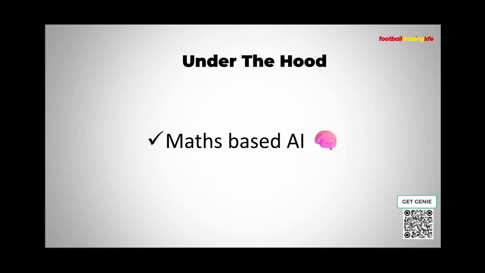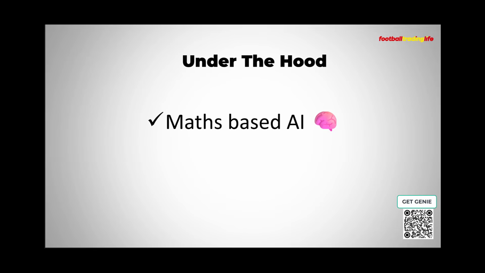So let me talk about what is under the hood with the Football Trading Genie, because most people get it completely wrong. They think the Football Trading Genie is just ChatGPT with a football trading prompt. It's not. The Football Trading Genie is built completely differently. So under the hood, you've got a mathematical based AI.